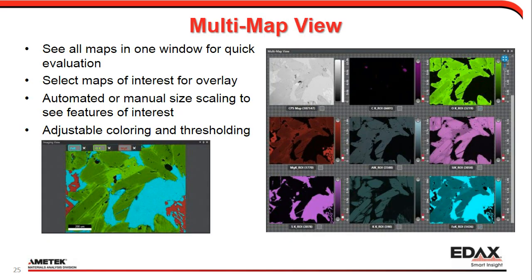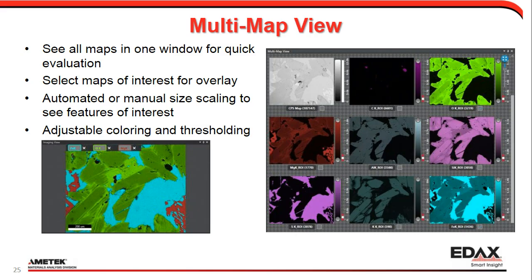In multi-map view window, you can see all maps in one window for quick evaluation. You can zoom in and out individual maps. To the right of each individual element map, the sliders along the intensity bar allow the user to define a low and high threshold in a histogram to extract the spectrum from or adjust the contrast of the map.